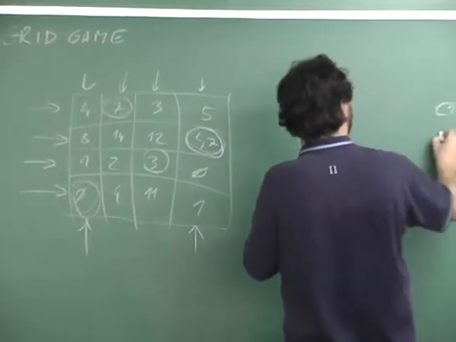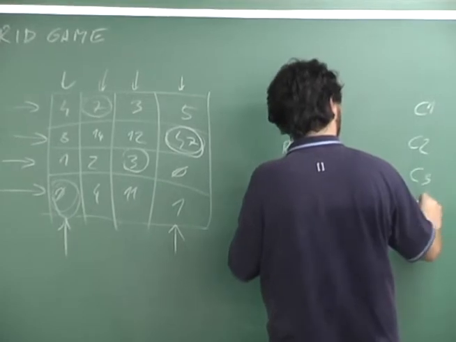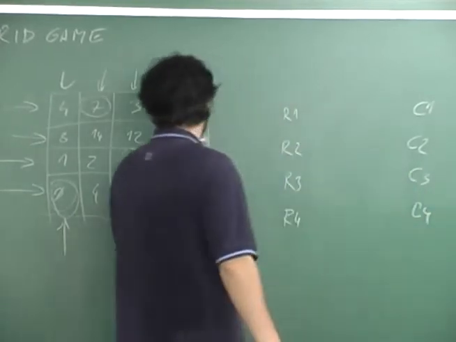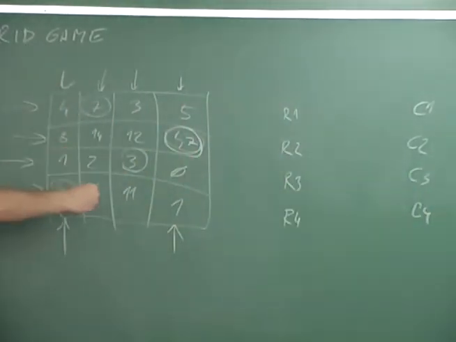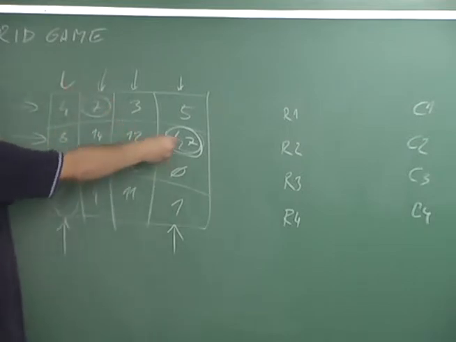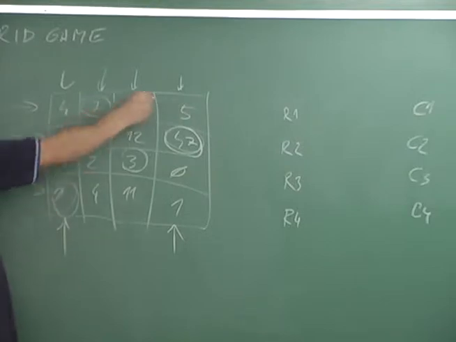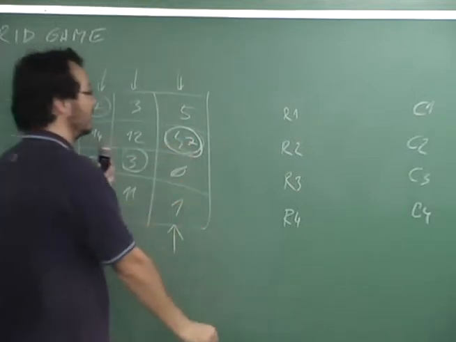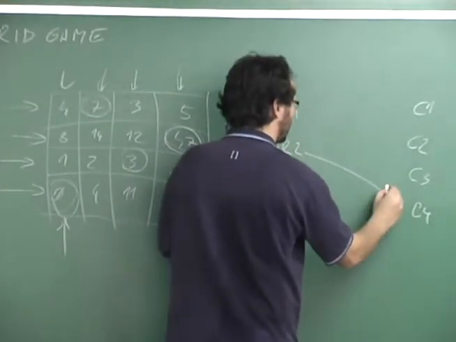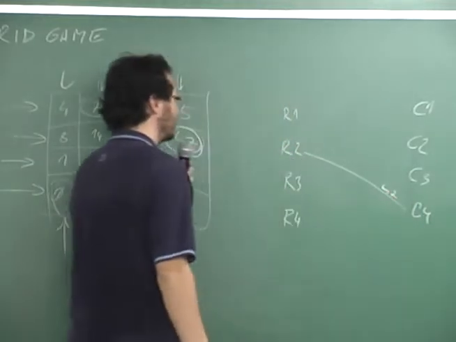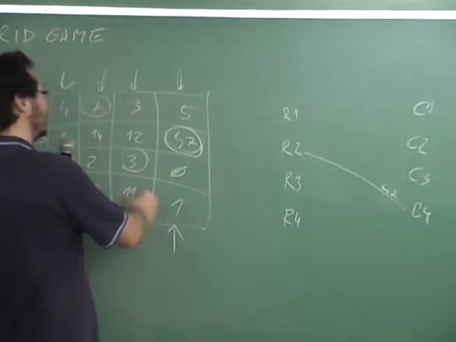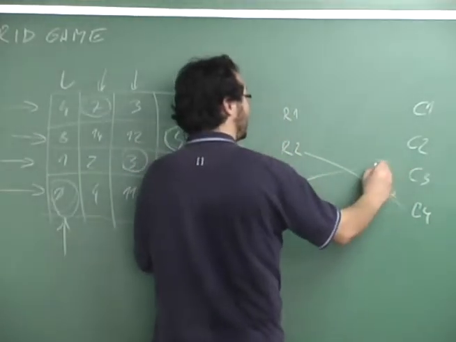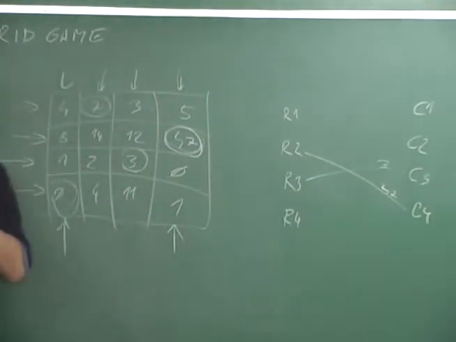We have column 1, column 2, column 3, column 4. And now each of the cells in the matrix corresponds to an edge in this graph. So for example, between row 2 and column 4, there is an edge of weight 47, and so on. Row 3 and column 3 is 3, and so on, and we will get a complete bipartite graph.